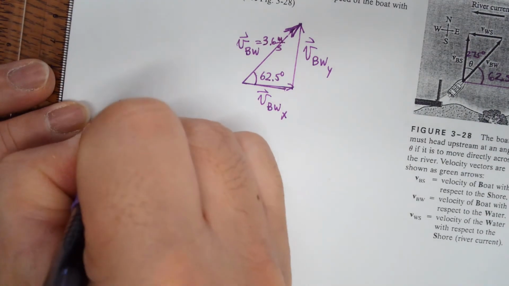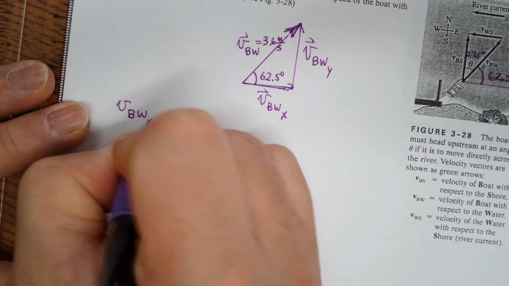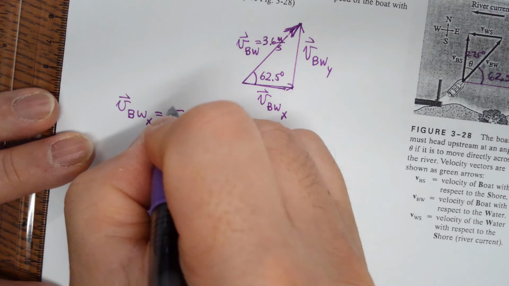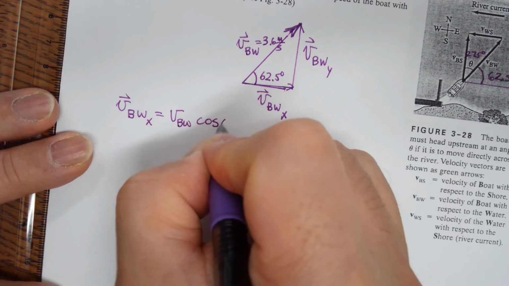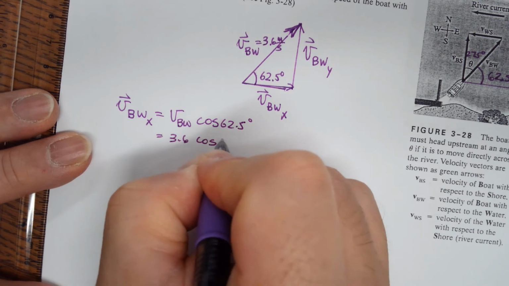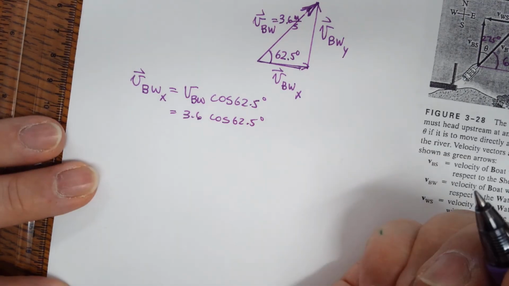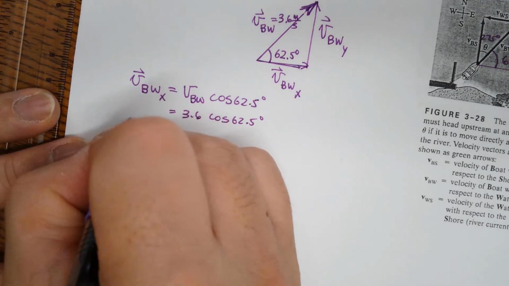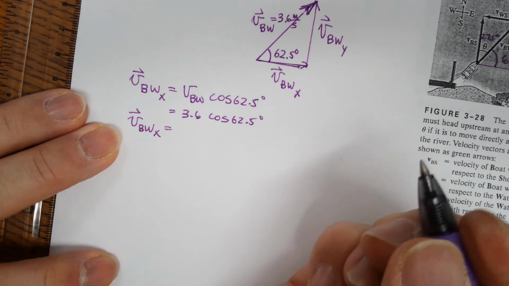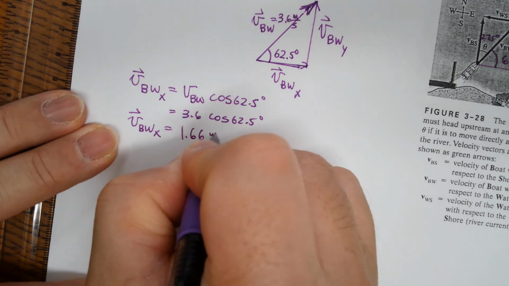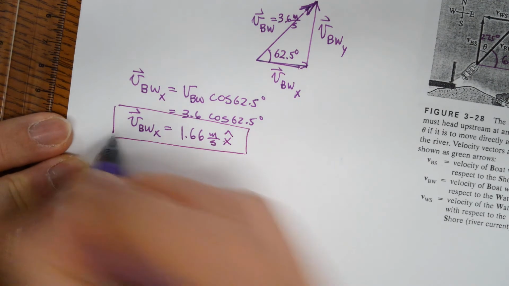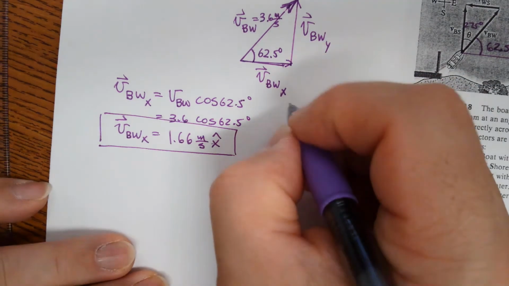So we can say VBWX is equal to VBW times cosine of 62.5 degrees, which is 3.6 times cosine of 62.5 degrees. So the x component of my purple vector is 1.66 meters per second, x hat. And then what about y hat?